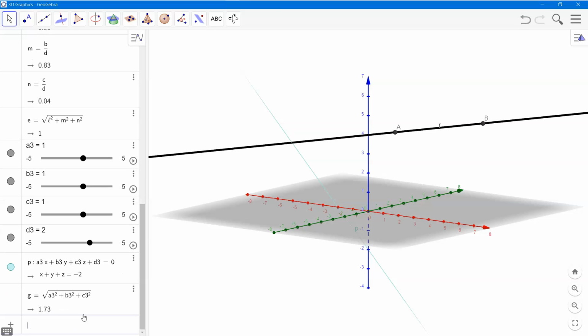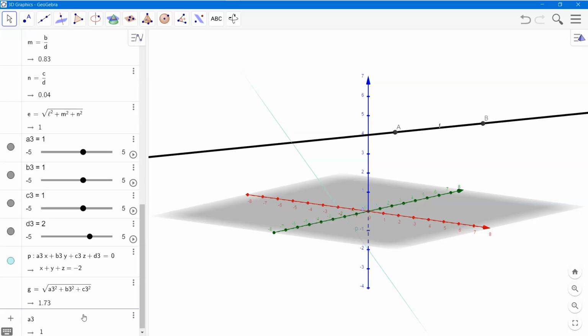And the formula for figuring out the angle is arcsine of, let's do it in 2 steps, A3 times L plus B3 times M plus C3 times N divided by G times E.